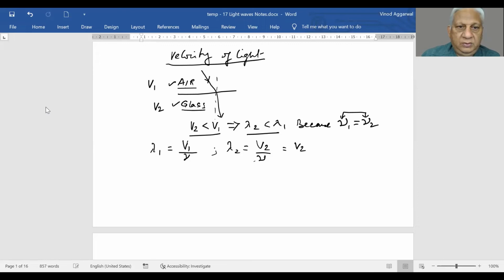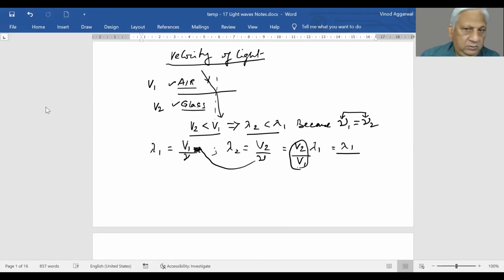We substitute this from this expression. V2, lambda 1, we have already seen this expression earlier.